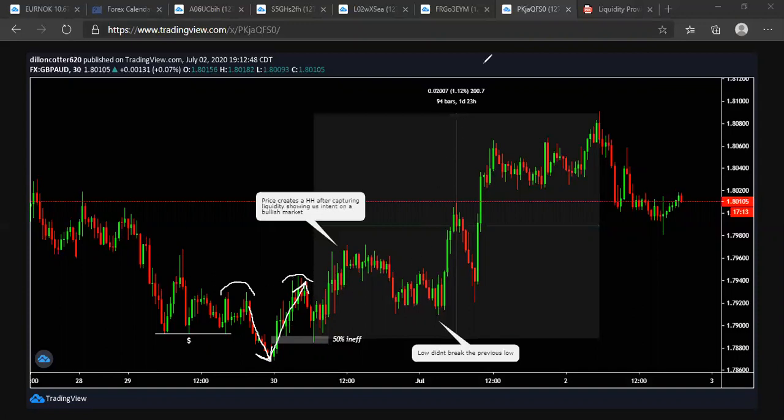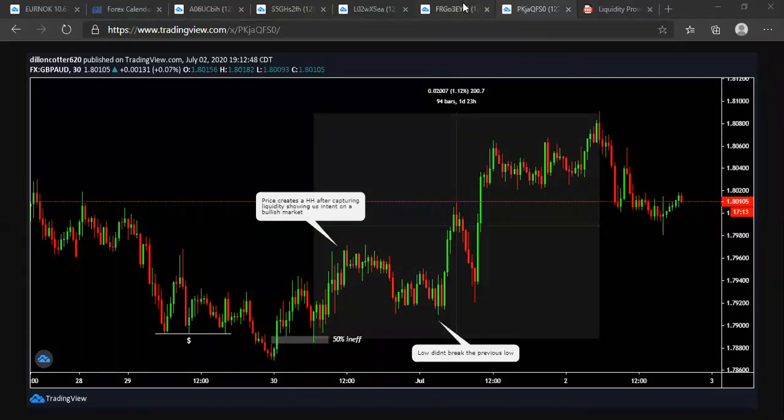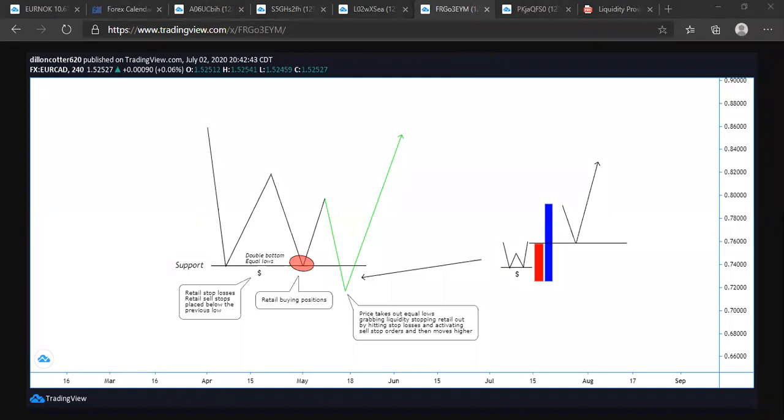And so when that happens, we can see back on this slide, since I didn't explain these very much, this diagram over here, when liquidity is captured, we should see a very, very, very reactive impulse to the upside or to the downside, depending on if you're looking for buys or sells. We should see that strong reaction after liquidity has been captured.